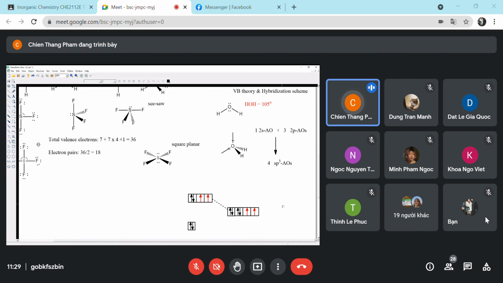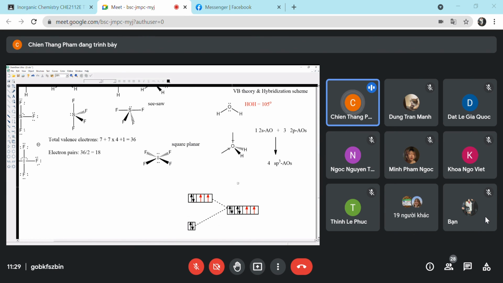This is formed by the combination of 1s and 3p, which is sp3.